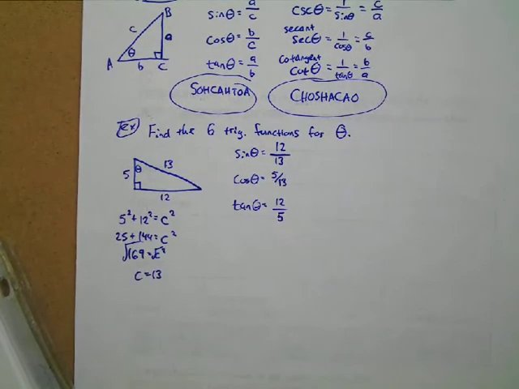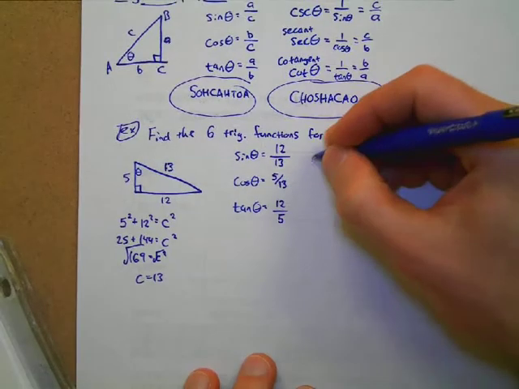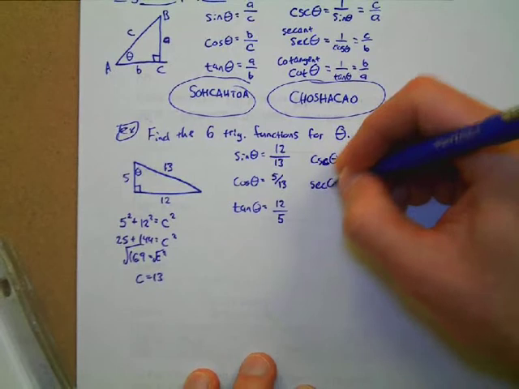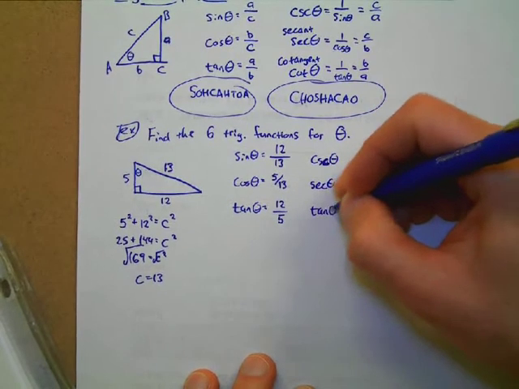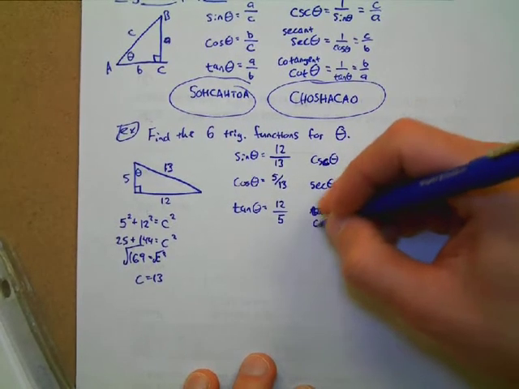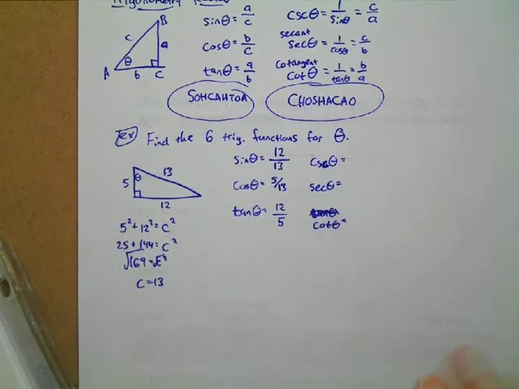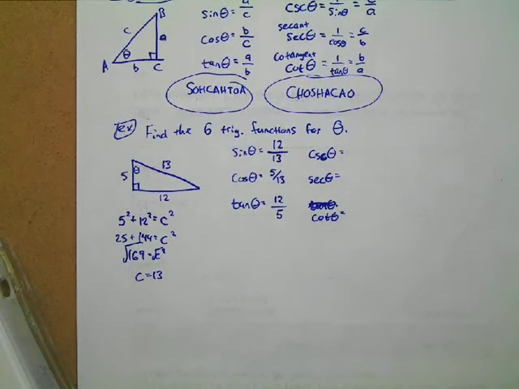Now let's do our other ones real quick. This will be super easy because we just did the first ones. Engage brain here. All right, cosecant.